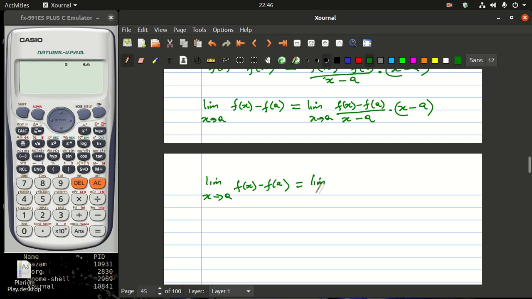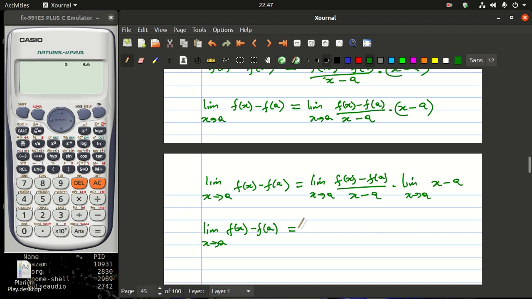So I'm going to take the limit as x approaches a of f of x minus f of a divided by x minus a, times the limit as x approaches a of x minus a. The reason I'm doing that is that I'm taking this as one function and this as another function, so I can always split two limits. If this one exists and that one exists, it's always allowed. So I end up having the limit as x approaches a of f of x minus f of a.